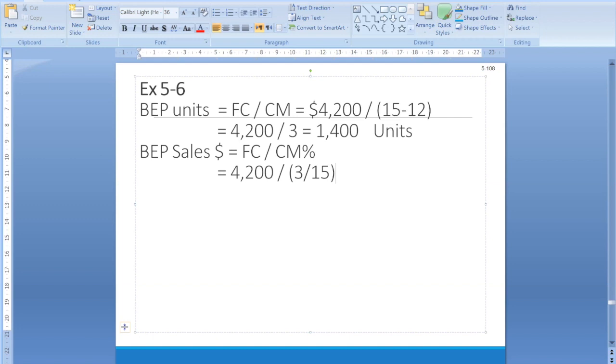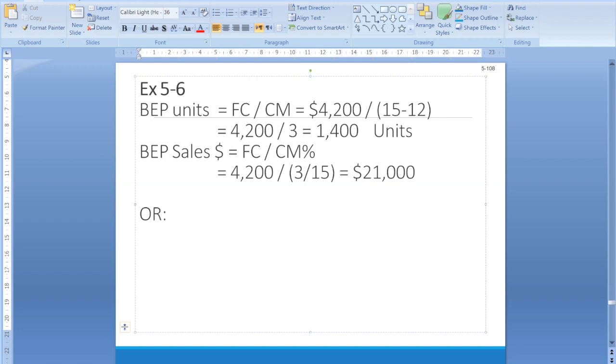If we have it in units, then we can multiply by 15, which is the price. Okay, so the answer is 21,000. The 3 out of 15 equals 0.2. So 4,200 divided by 0.2 equals $21,000.